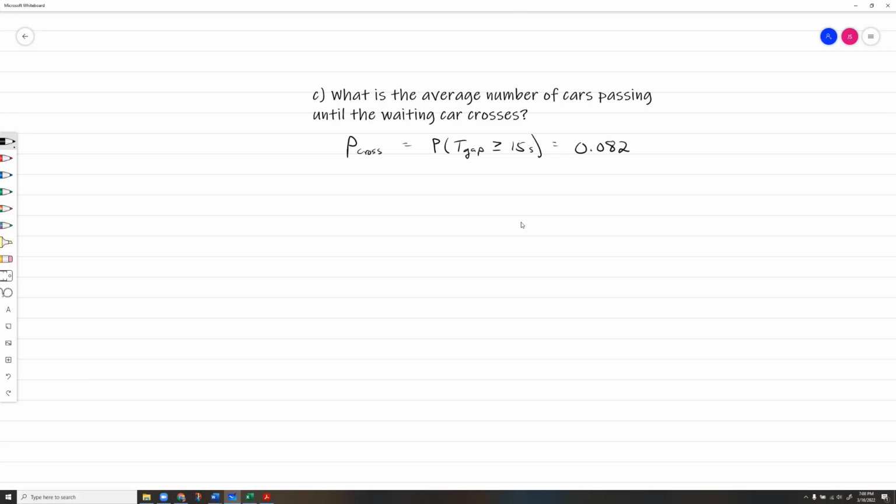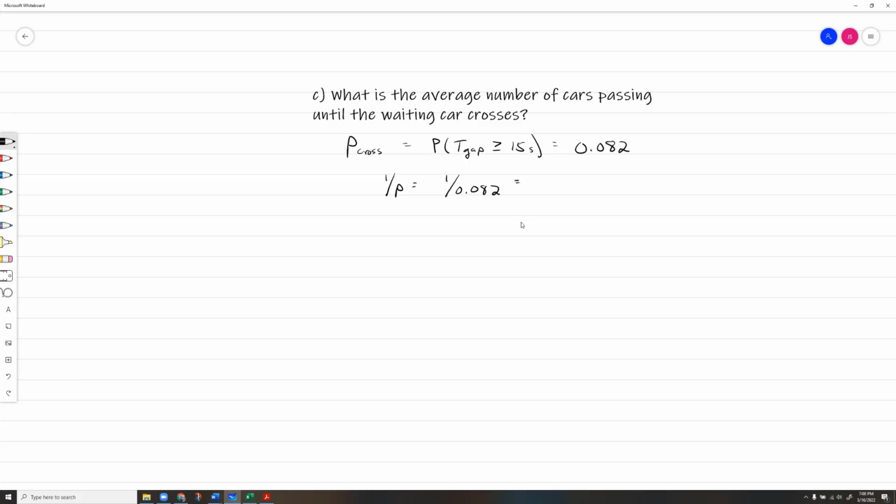And all we need to do then is essentially the expected value of the gap time. And so that's just going to be 1 over P. So 1 over P is equal to 1 over 0.082.